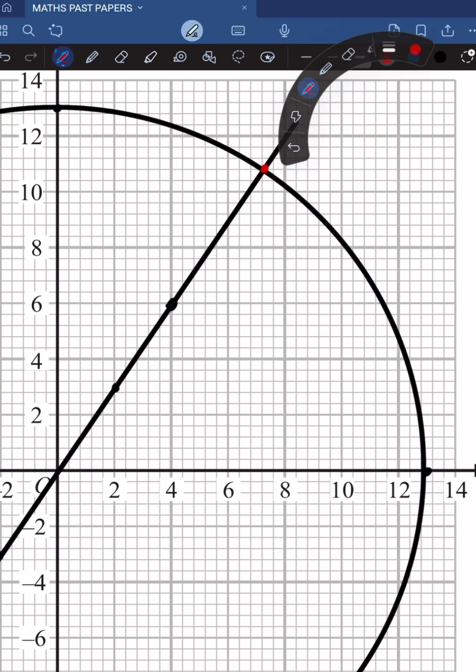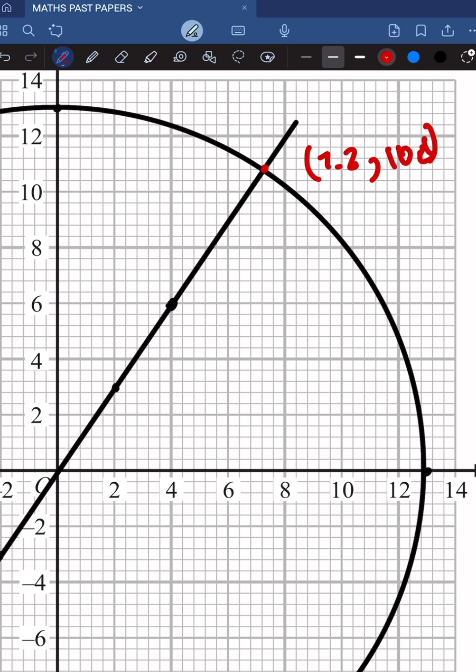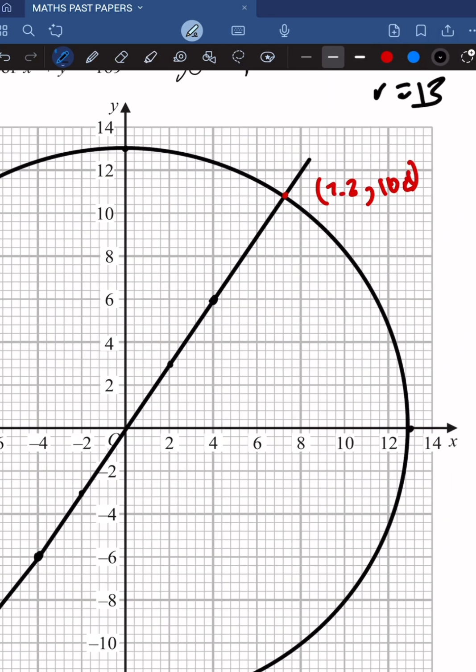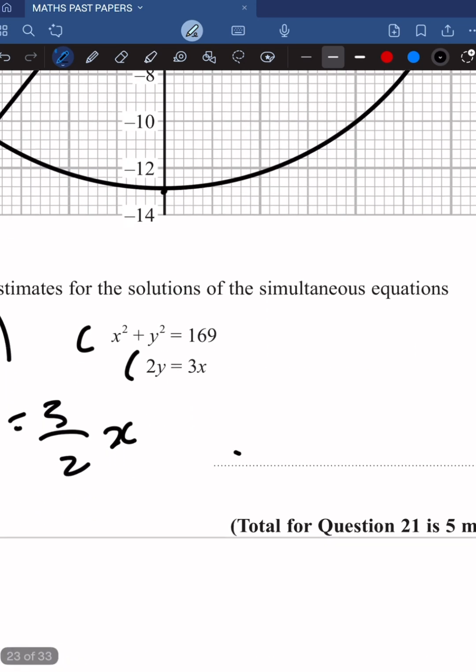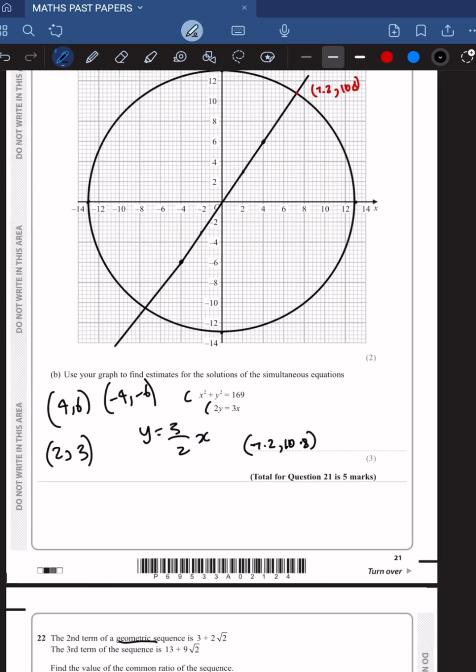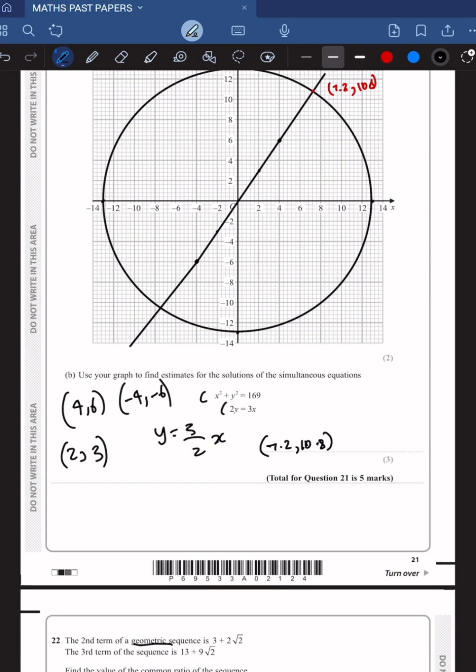So this point here is around 7.2, 10.8. Now, because it's a straight line, it's going to be exactly symmetrical on the other side. So it's going to be -7.2, -10.8.